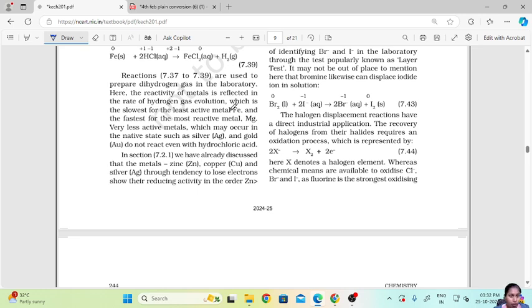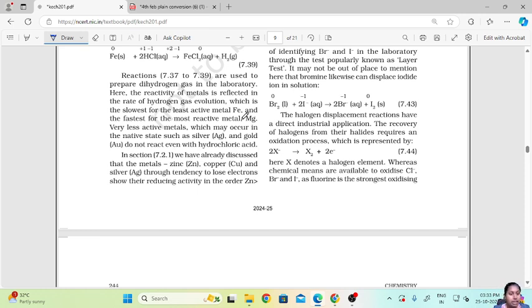Whoever evolves hydrogen gas in a faster way has more reactivity; in a slower way, less reactivity. So it is slowest for the least active metal Fe and fastest for the most reactive metal Mg. Magnesium is the most reactive because it produces hydrogen gas more rapidly than iron, which is less reactive.